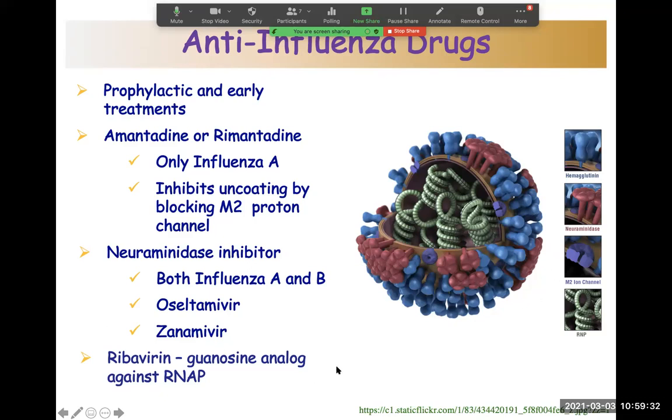And then ribavirin is a guanosine analog. So knowing the structure and what proteins are found on the surface, you can target drugs against them. However, many of these drugs don't prevent infection, but once the virus enters, they can slow down the progress.